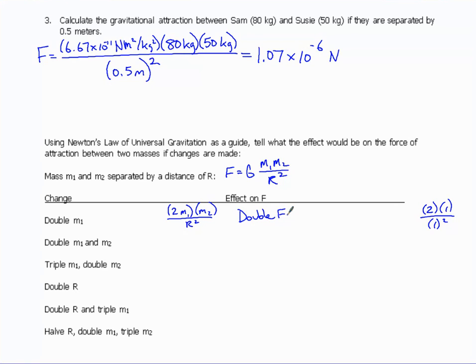If you double both mass 1 and mass 2, here's what we've done. Here's 2 over 1 squared. F is multiplied by 4.